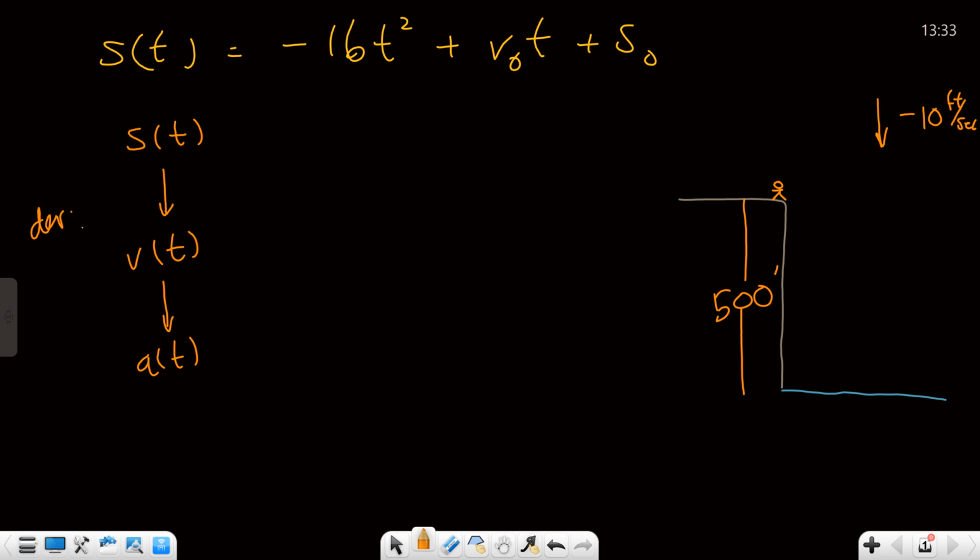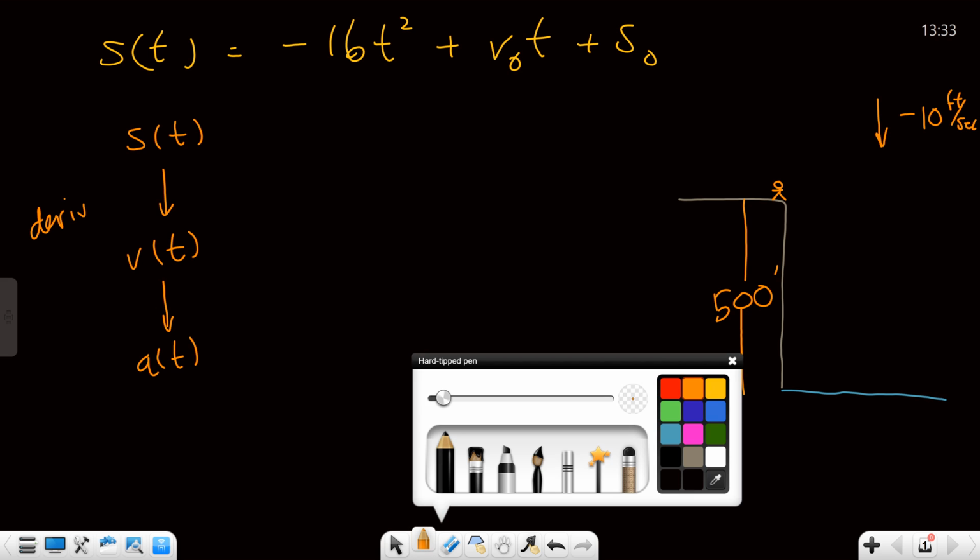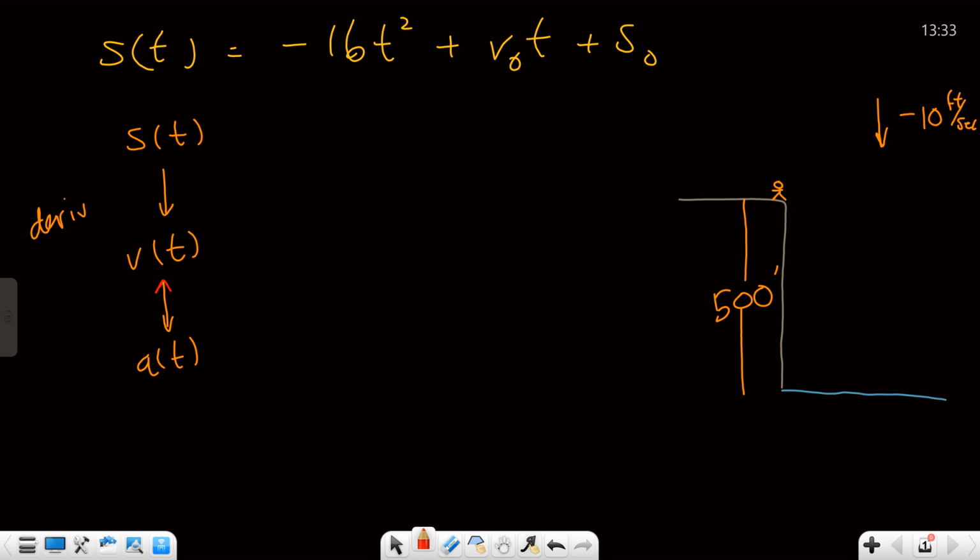Okay, that's a derivative. What we've also talked about and done a little bit of work with is going the other way. Okay, so if I take the integral of the acceleration, I get the velocity. If I take the integral of the velocity, I get the position function. We're going to combine all that stuff together, and when we're done, we will have the formula for this scenario over here.